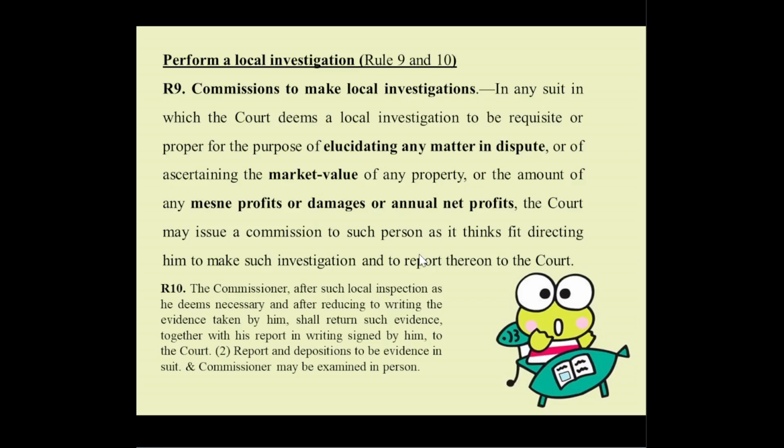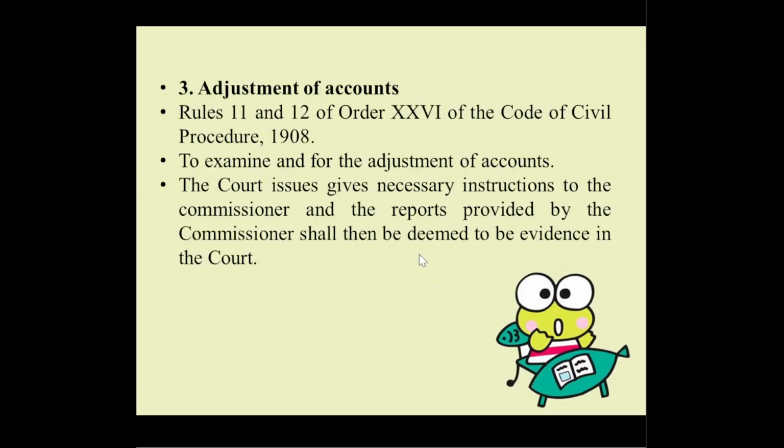So let's move further. The third purpose for which a commission may be issued is for the adjustment of accounts. Order 26, Rules 11 and 12 deal with the provision of adjustment of accounts. It states that for the examination and the adjustment of accounts between the parties, the court may get a commission issued.